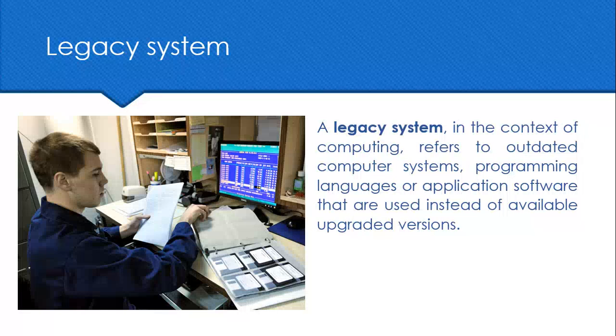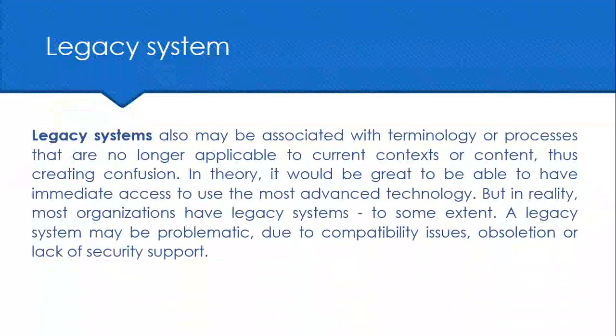So there is no button, such as this example that you have seen right now. These may also be associated with terminology or processes that are no longer applicable to the current context or content. Thus, this creates confusion.